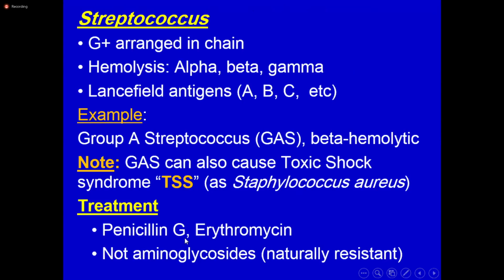Treatment, penicillin G, because these are gram-positive, erythromycin, not aminoglycosides. These microorganisms are naturally resistant to aminoglycosides. So don't give aminoglycoside to these infections of streptococci.